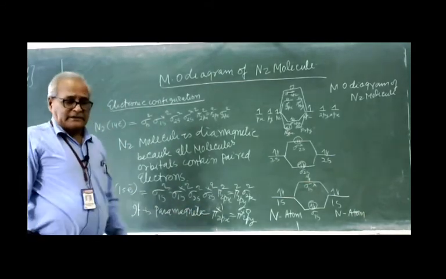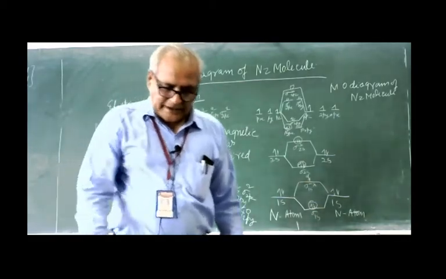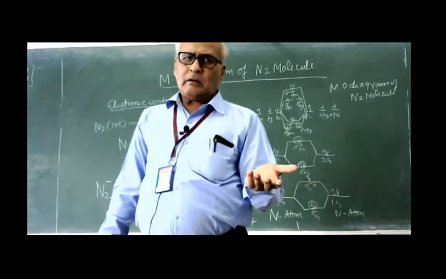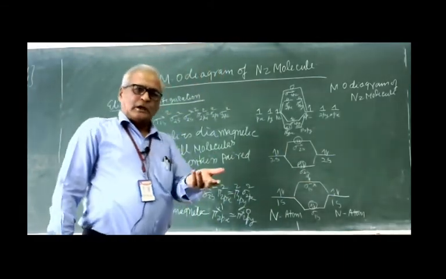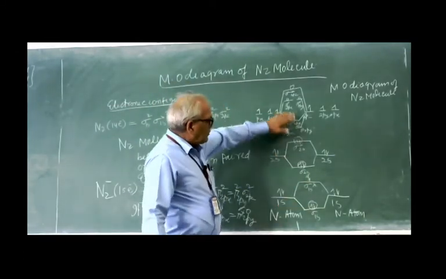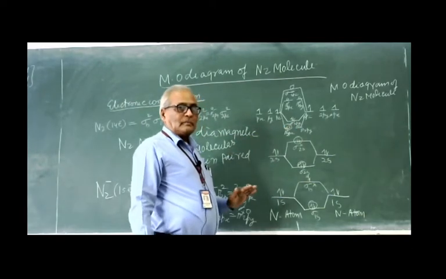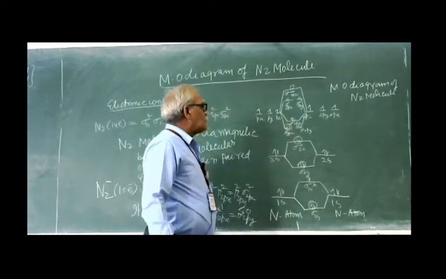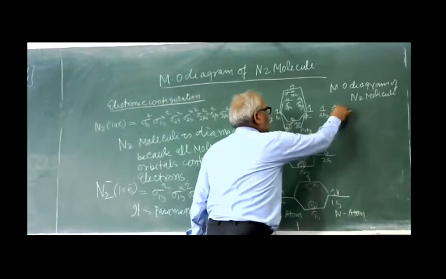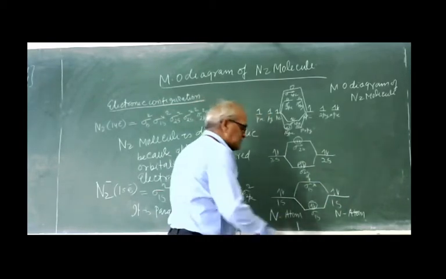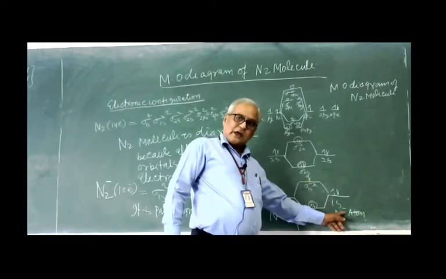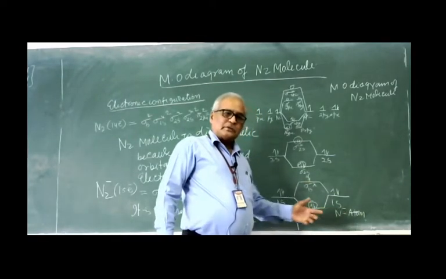Now, a question arises: if somebody asks you what is the molecular orbital diagram of N2 minus? No problem, you can very easily see. The distribution of electrons is the same, the diagram is the same. Now there is one extra electron. Suppose one electron is put on this nitrogen atom, so this is the nitrogen atom with one extra electron, and this atom becomes negative.